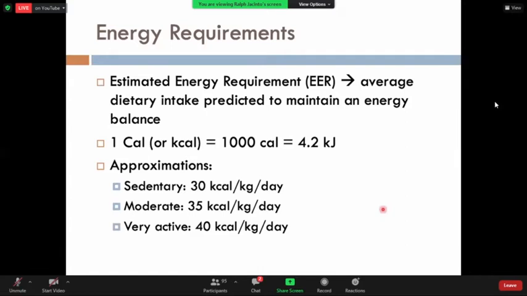The approximation is like this: we multiply the body weight by a factor depending on our activity. For example, right now, I'm sure the majority of us are in a sedentary lifestyle, so we multiply our body weight by 30. Okay, so compute your energy requirement right now.